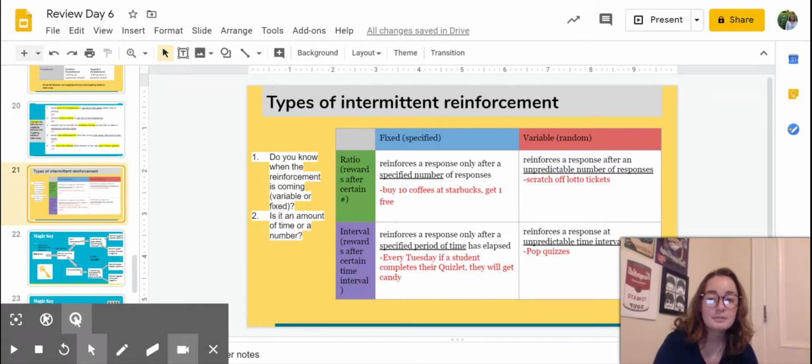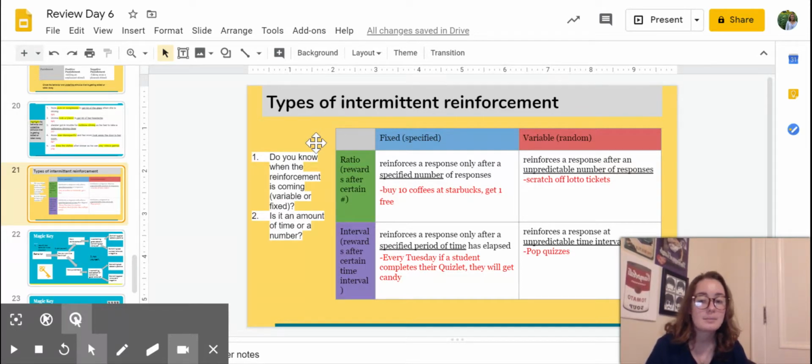And then second, once you figure out if it's fixed or variable, you can ask yourself, is it an amount of time that's going on, or is it a specific number? If it's a ratio, then the reward is coming after a certain number of times of doing things, or a certain number of things have passed.